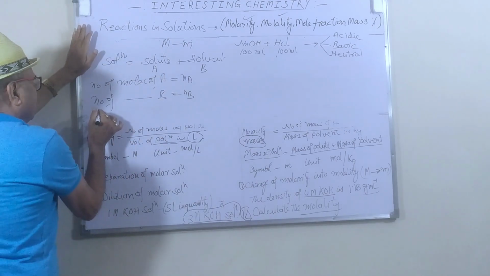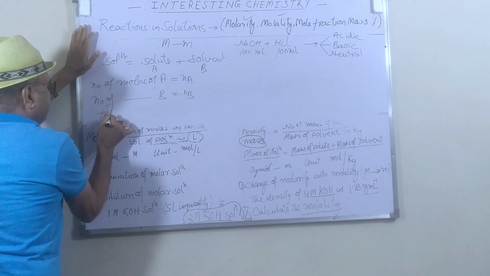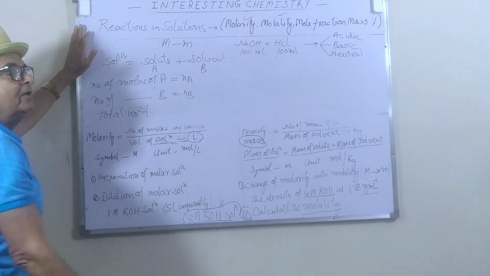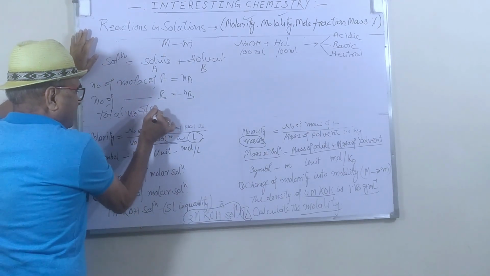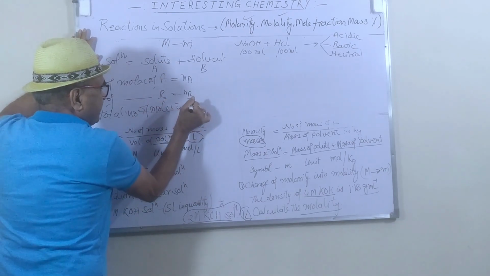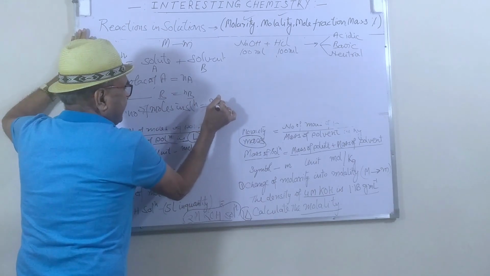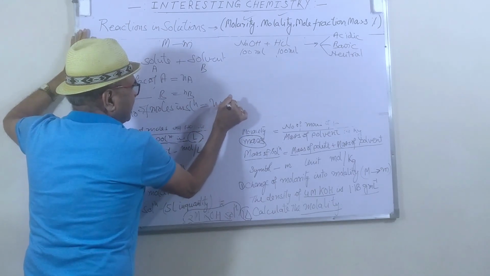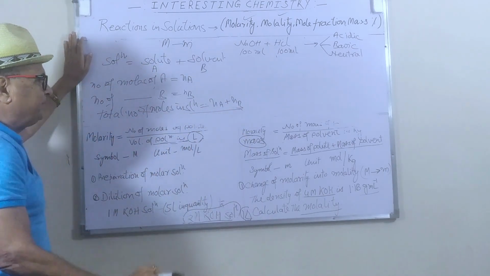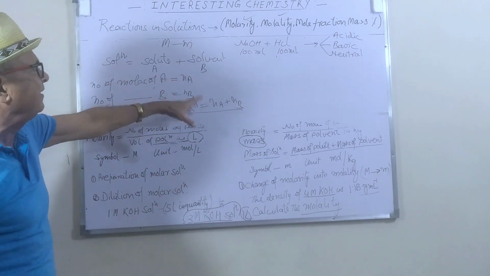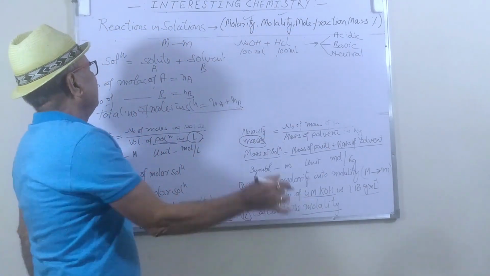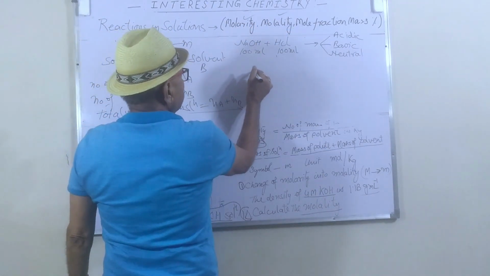Then the total number of moles in solution is equal to Na plus Nb. This is very simple, and you have to calculate the mole fraction.